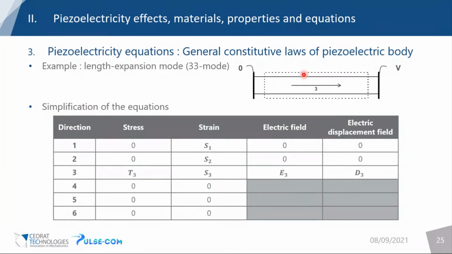We will simplify the previous equations considering the longitudinal mode because it is the simplest to visualize. So it is when you have the electrical excitation aligned with the polarization and also the deformation of the material. So in the other directions, most of the components go to 0, but we have to keep the mechanical strain because it is not 0 in the other directions because of the Poisson's ratio.